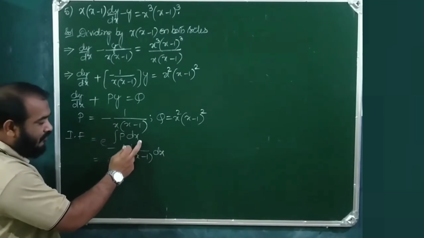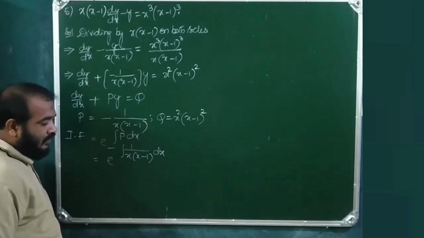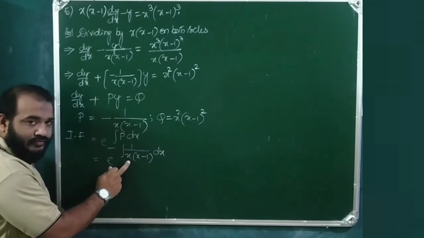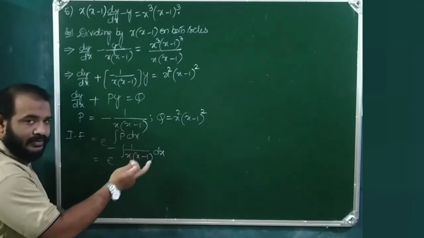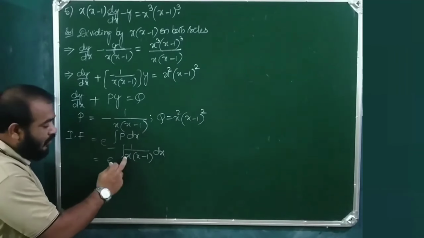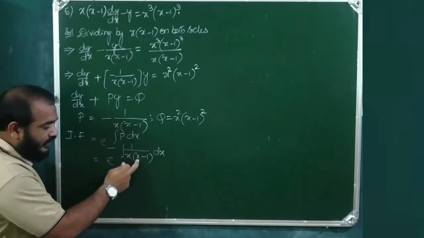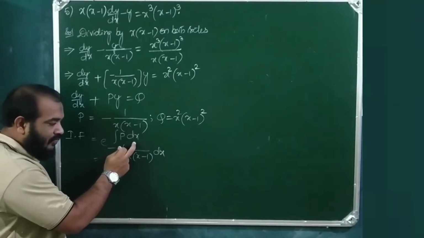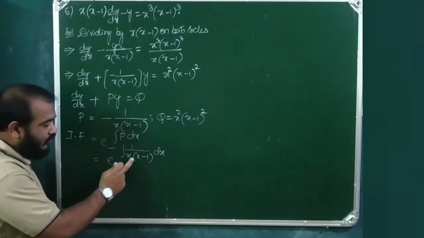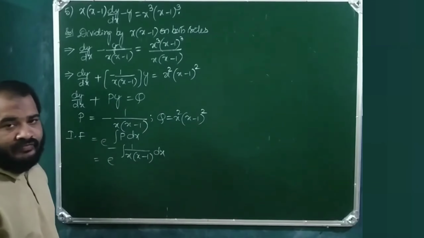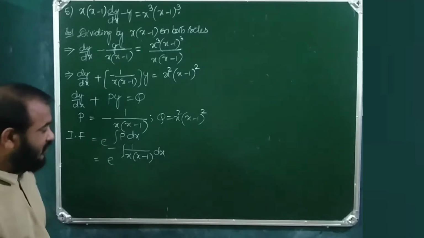It is of the form f of x by g of x, where the degree of f of x is 0 and the degree of g of x is 2. Degree means the power or exponent of x, which is x square here. 1 can be written as x power 0. So the degree of f of x is less than the degree of g of x. Therefore this is a proper fraction, and for a proper fraction we can use partial fractions.